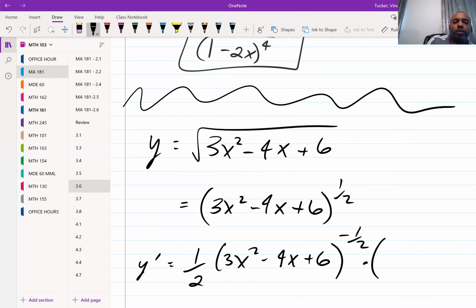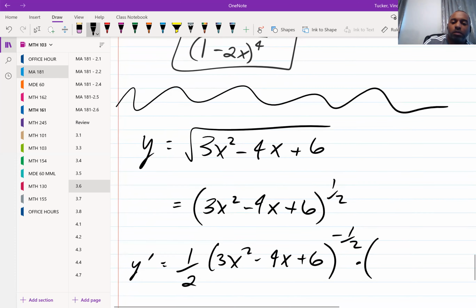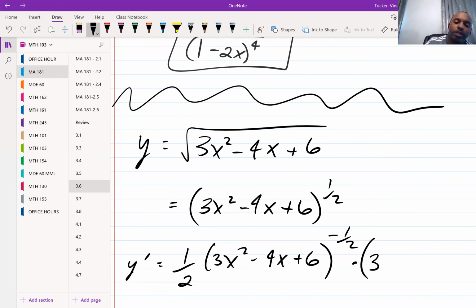Then we have to take the derivative of the inside. So that's going to be 3. Bring out, that part of your term is not affected by the derivative. You bring that to the front and just do the derivative of x squared. So that'll be 2x. And then minus 4. And then the derivative of 6 is just 0. Derivative of any constant is 0.